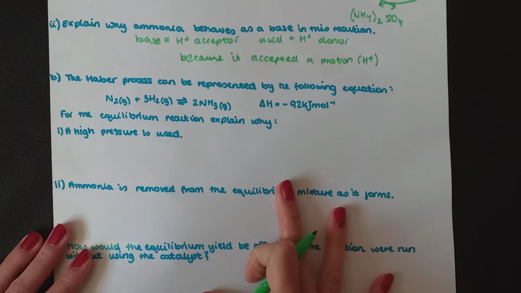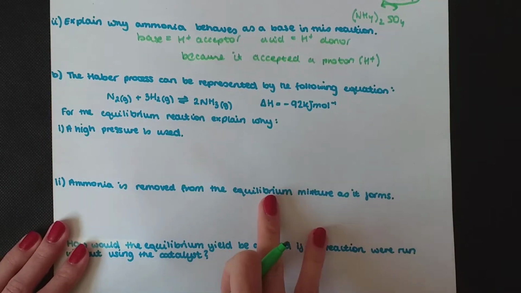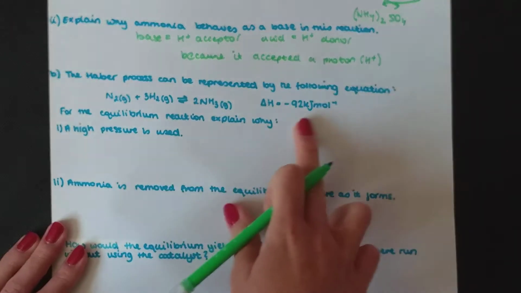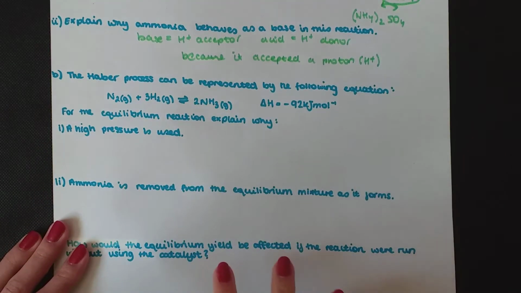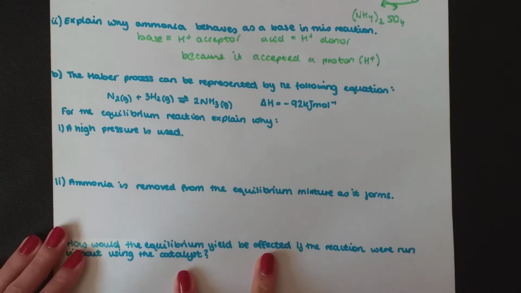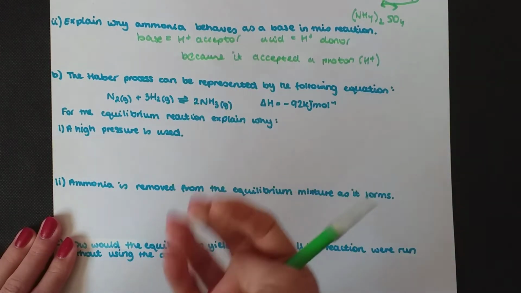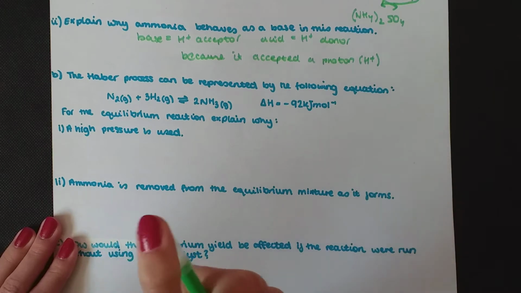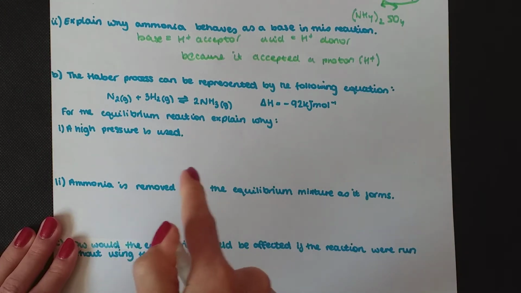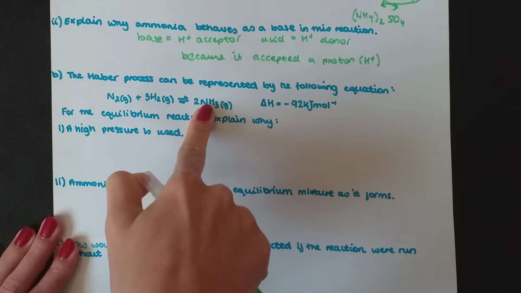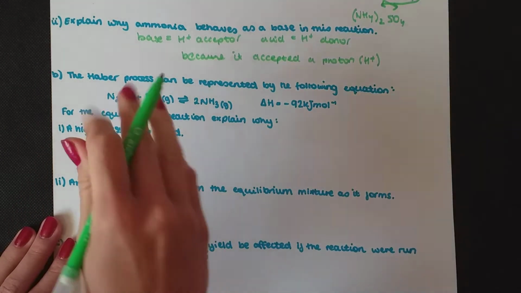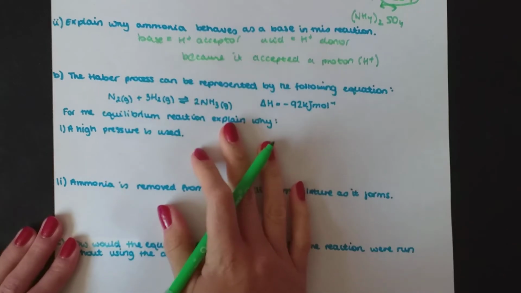Okay, so part B says the Haber process can be represented by the following equation. This is our equation. For the equilibrium reaction, explain why a high pressure is used. So in order to know what pressure does to a reaction, you have to count the number of moles on the left hand side and the number of moles on the right hand side.